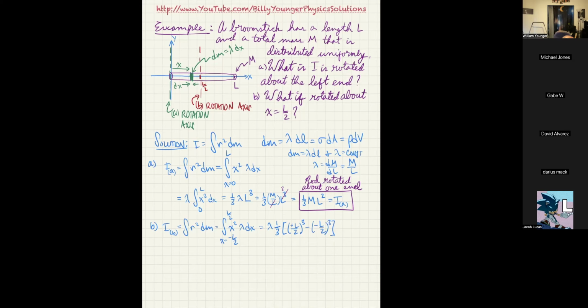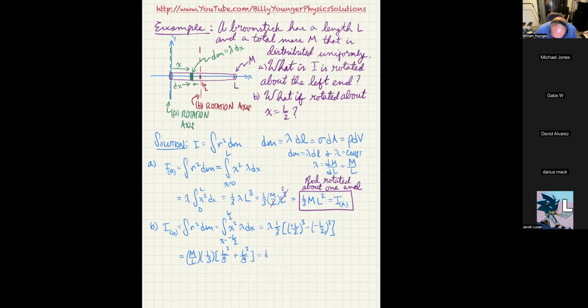I'm also going to make use of the fact that lambda is m over L, so I have m over L times 1/3 times, now this is going to become L cubed over 8, and then negative L over 2 cubed is negative, and then a negative being subtracted becomes a positive, so this is going to be plus L cubed over 8.